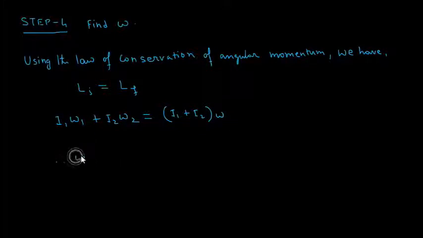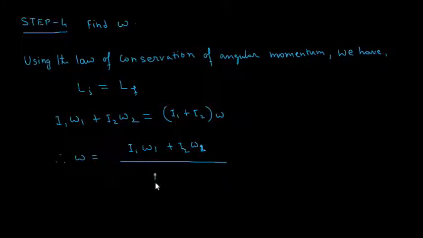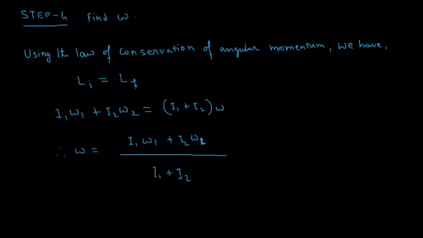Therefore, omega is equal to I1 omega 1 plus I2 omega 2 upon I1 plus I2. So this is the value of omega. Part A is solved.